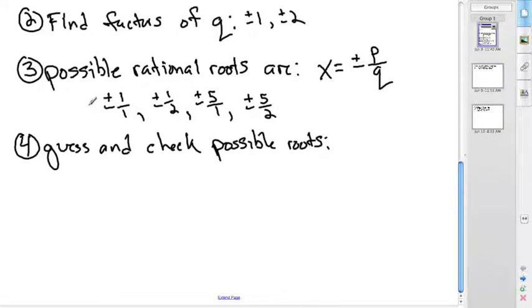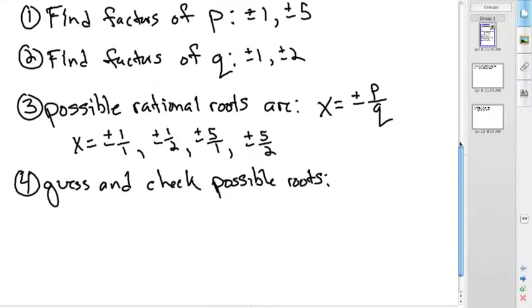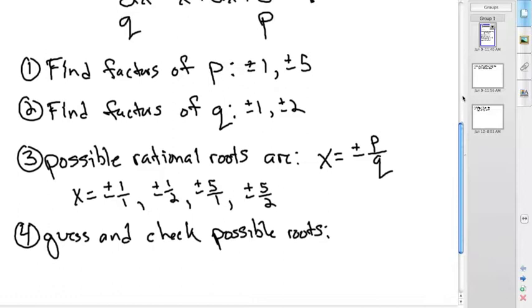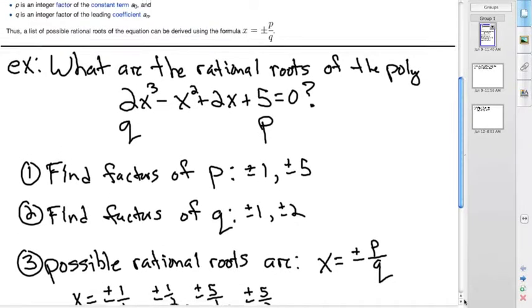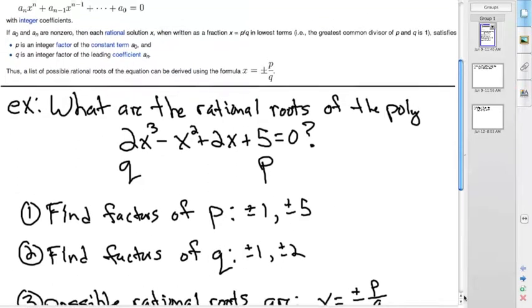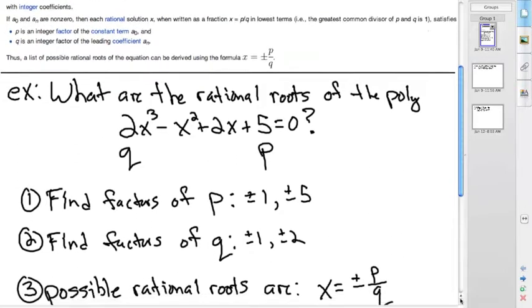So we want to take x can equal any one of these 8 combinations. So you want to substitute your values for x and see which value makes it 0.